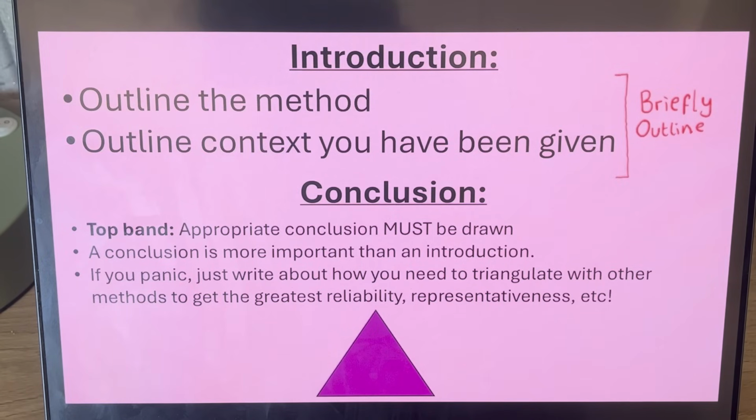And a good thing to write about for a conclusion, if you're panicking and you can't think of anything, is to write about how you need to triangulate with other methods to get the greatest reliability and representativeness possible, for example. Say the question was asking about observations.